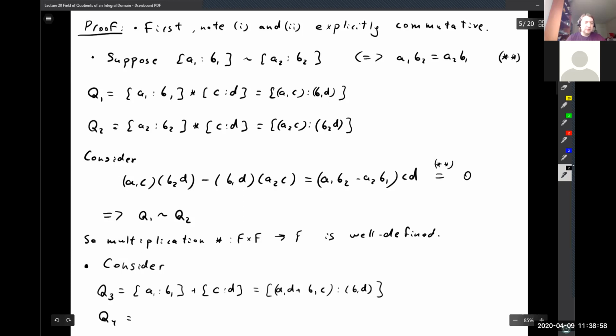And let's look at Q4, which is A2 over B2 added with C over D. Again, our definition of how we add the fractions tells us that this is A2D plus B2C over B2D.